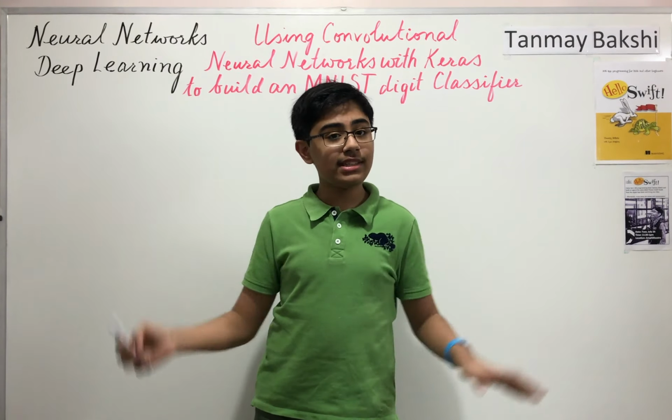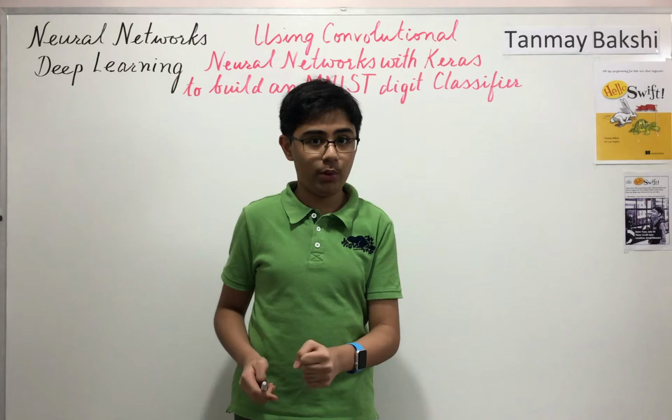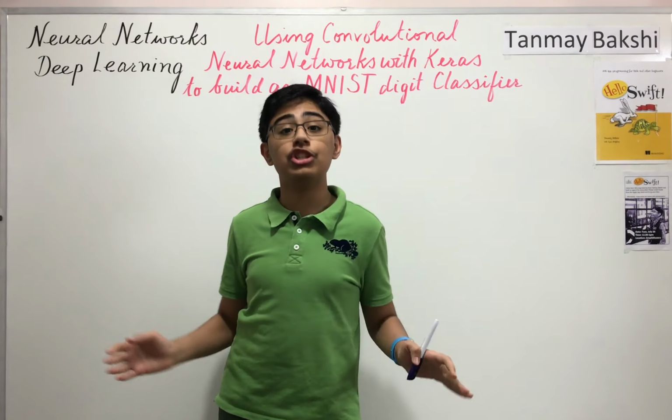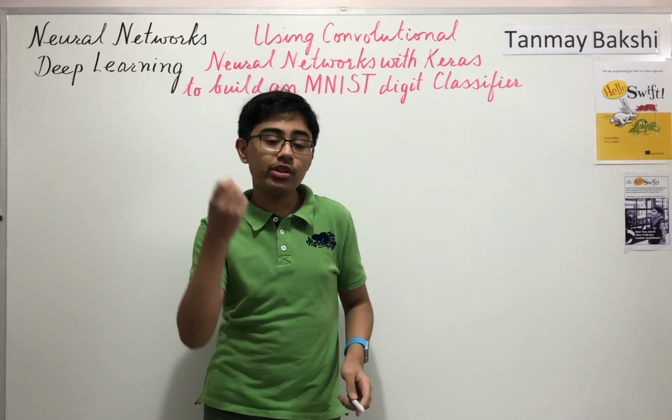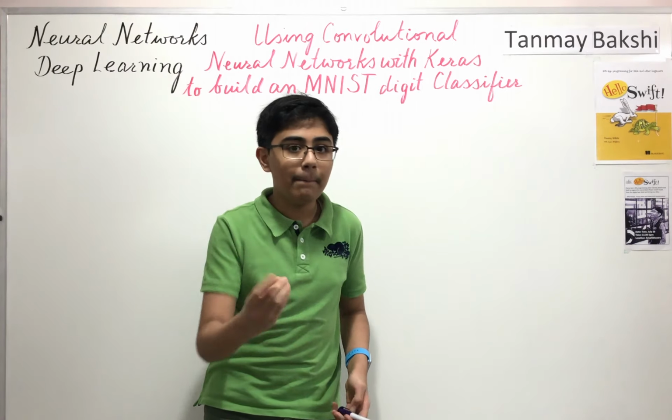So to begin, just in case you're not familiar with the MNIST data, here's a quick overview. The MNIST data is actually this huge data set of images, and these images represent digits that have been drawn out and handwritten by people.